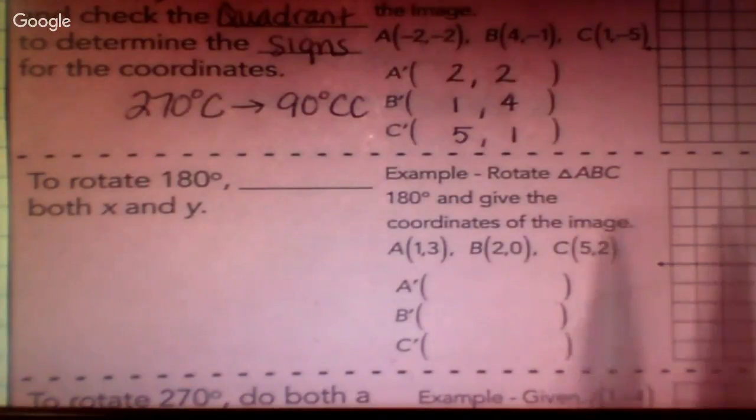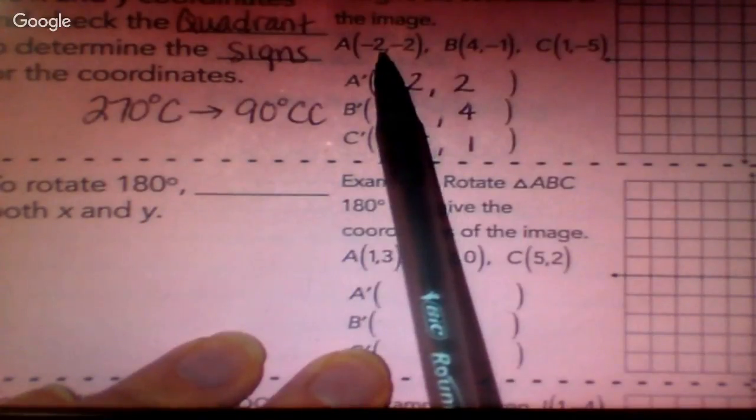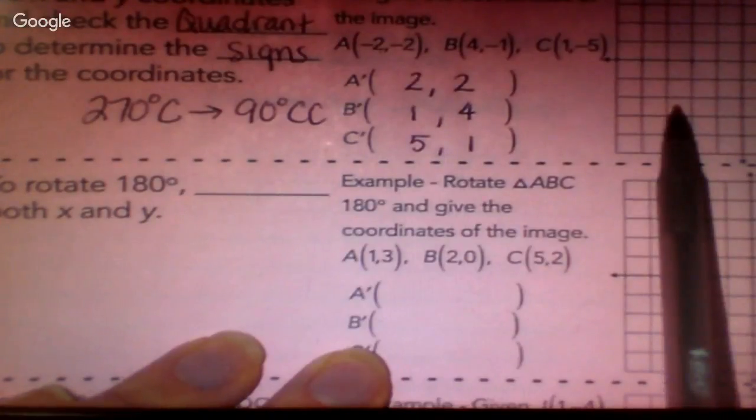Okay. What quadrant do I start in if I'm at -2, -2? Which quadrant am I in if I'm at -2, -2? Remember, this goes 1, 2, 3, 4. So I'm in quadrant 3.